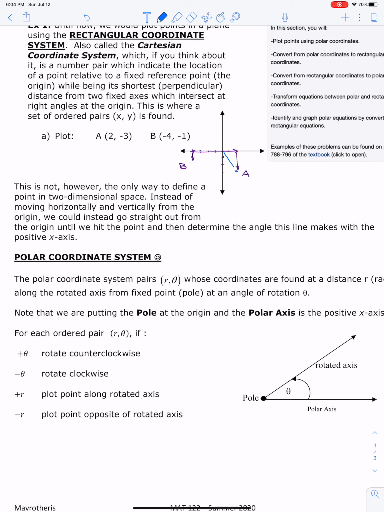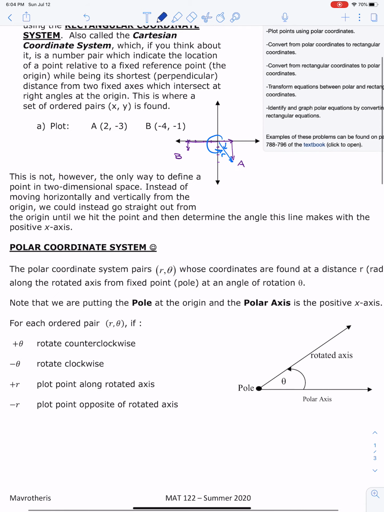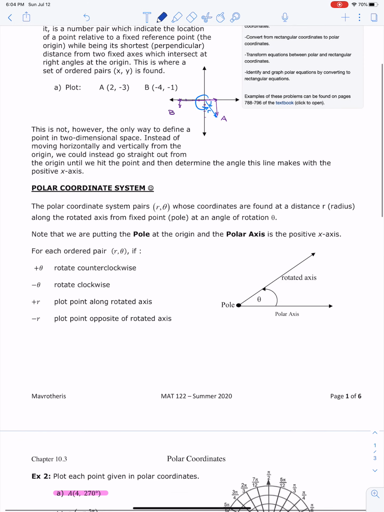Just like we did with vectors or with the unit circle, we could find the length from 0, and then we could also find the angle that is made with the x-axis. We can go the negative direction or the positive direction. We know there are multiple ways to get there, and that's what we're going to look at when we talk about the polar coordinate system.